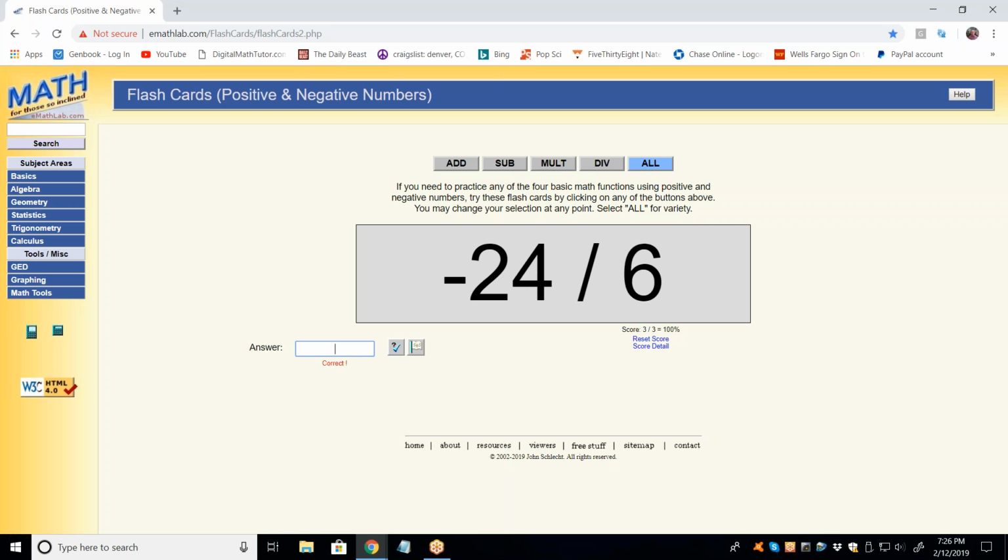Same thing here. You're doing division. Is it positive or negative? Negative. Yeah, if the signs are opposite, it's always negative. If the signs are the same, it's always positive. Negative 4? Yeah. Okay, keep going. 0.